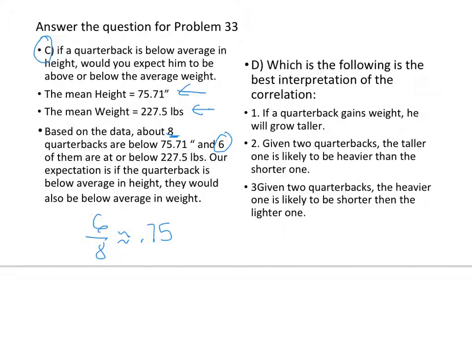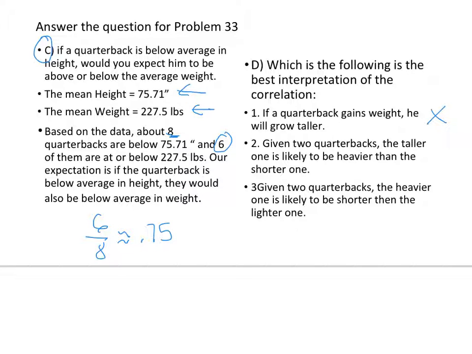Part D says, which of the following is the best interpretation of correlation? 1. If a quarterback gains weight, he will grow taller. No, that's not correct. 2. Given 2 quarterbacks, the taller one is likely to be heavier than the shorter one.